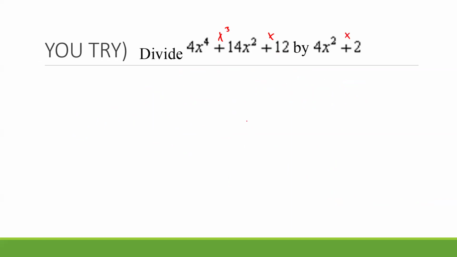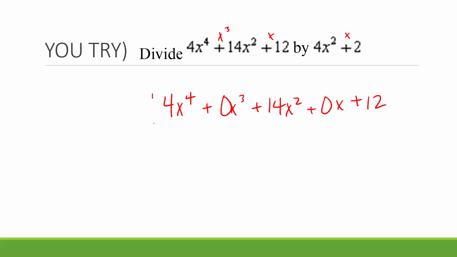Just the x. So when I write it out, I need to make sure I put the zeros. So we have 4x to the 4th plus 0x to the 3rd plus 14x squared plus 0x plus 12 divided by 4x squared plus 0x plus 2. Ready, set? Go be great.